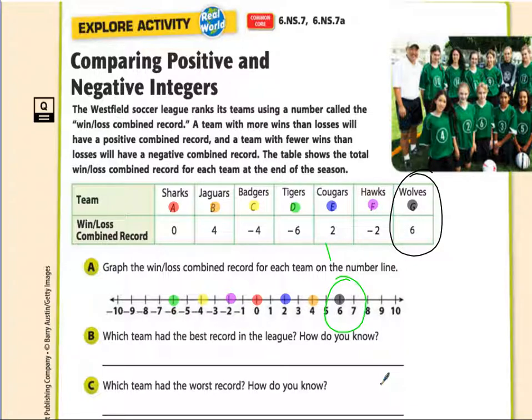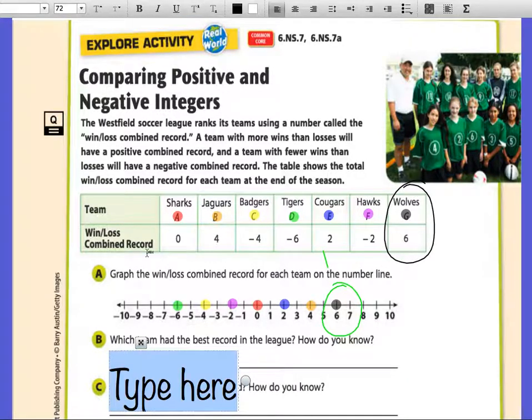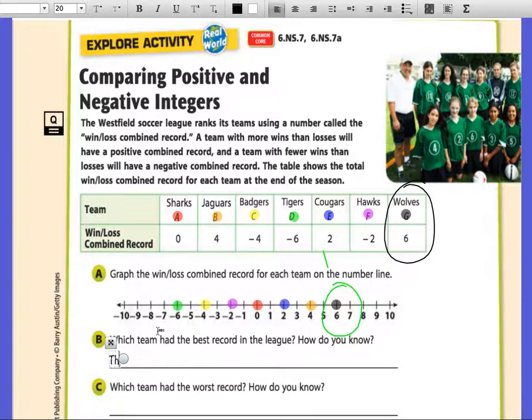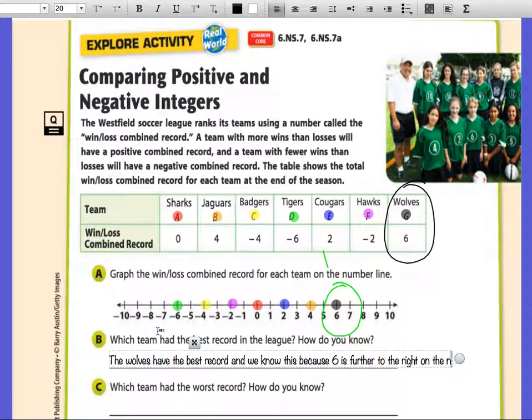All right, so which team has the better record? The Wolves have the better, well, we can actually say the best record. And we know this because 6 is further to the right on the number line, making it the largest value.